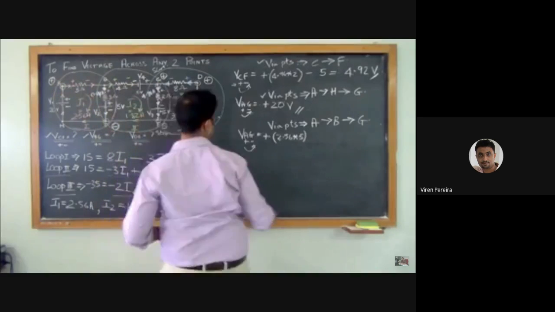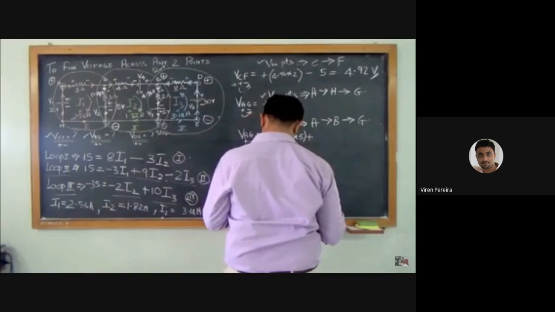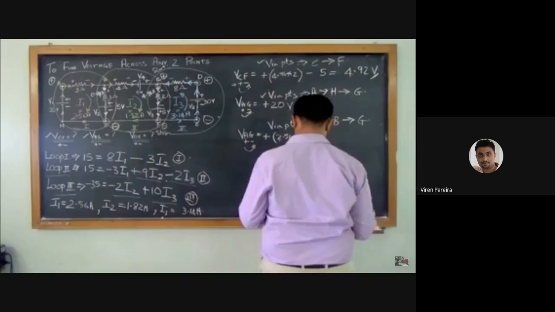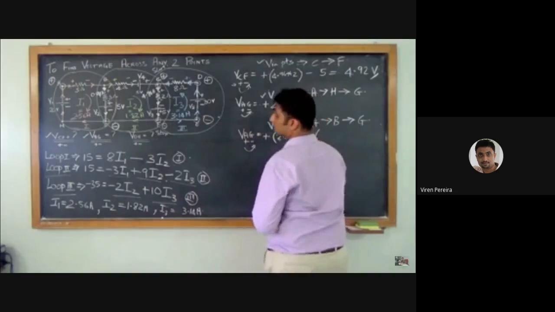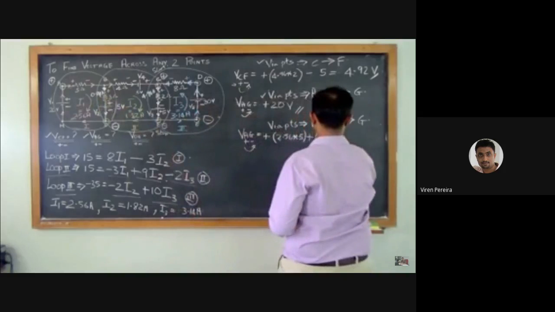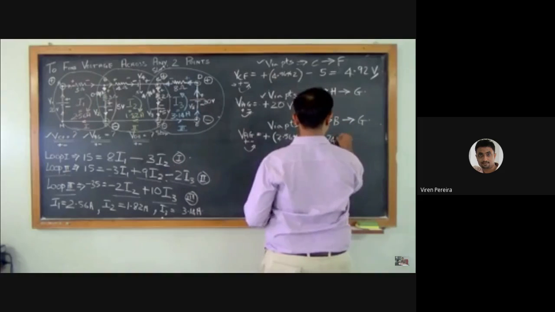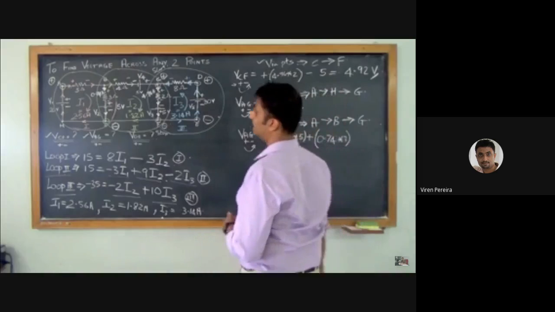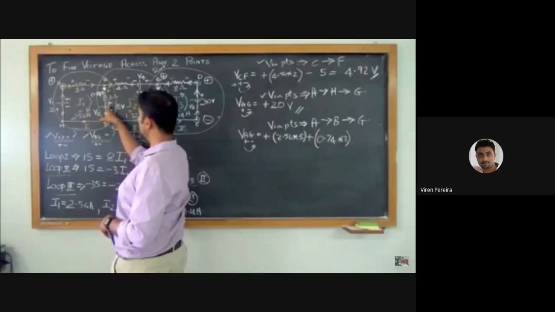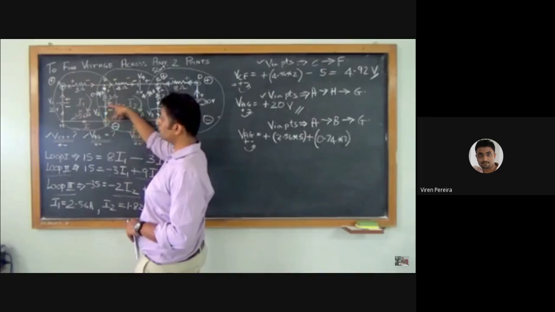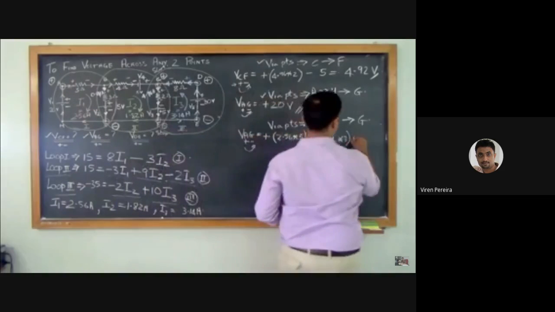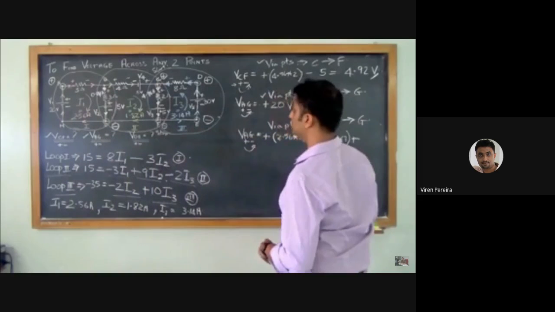Positive to positive, positive. Which is 0.74 into the 3 ohm resistor. Then again the other terminal it comes in contact with after the 3 ohm resistor is the first positive terminal of V2. So again positive into positive, positive, which is 5.